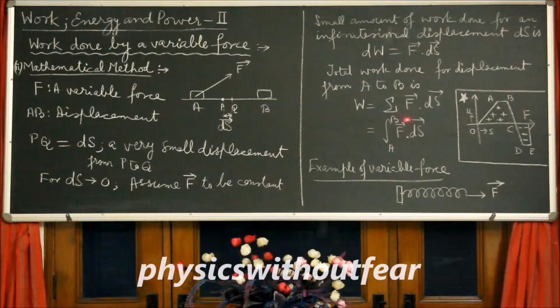So work will be sigma F dot ds over the entire displacement A to B, which by definition mathematically is the integral of F dot ds as the body moves from A to B. The work done may be positive or negative. When you calculate this integral, the sign will automatically appear.